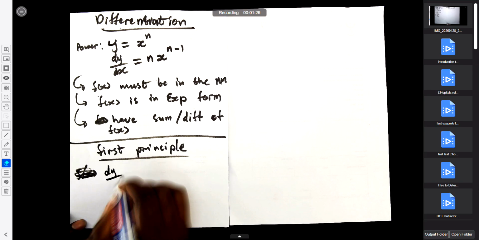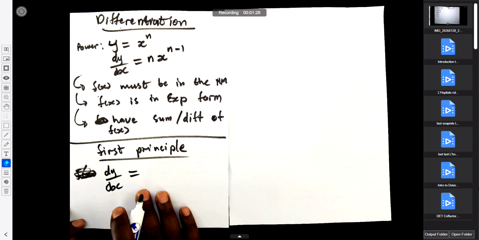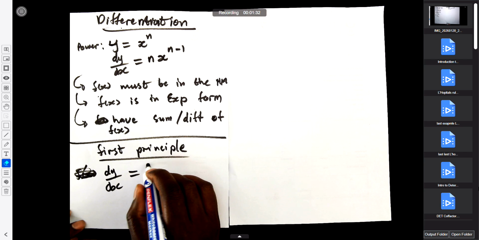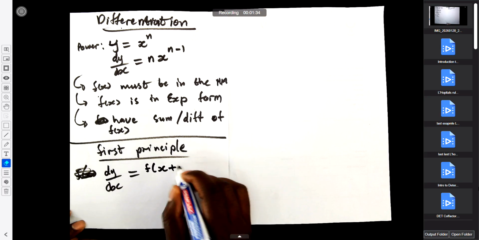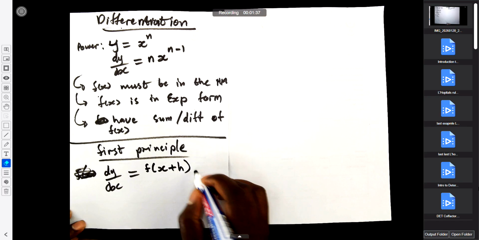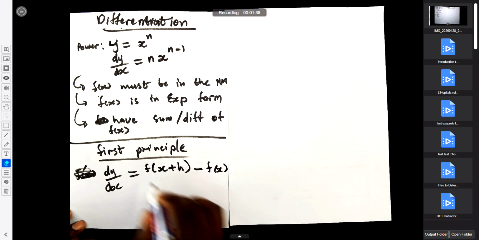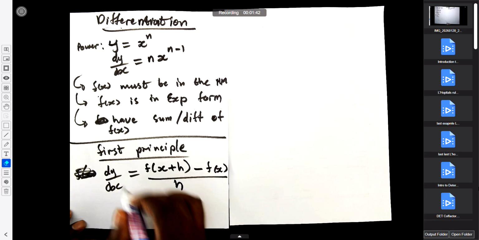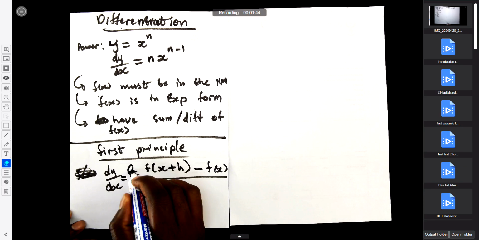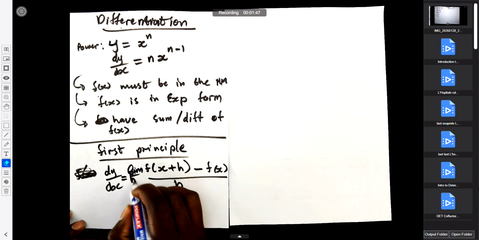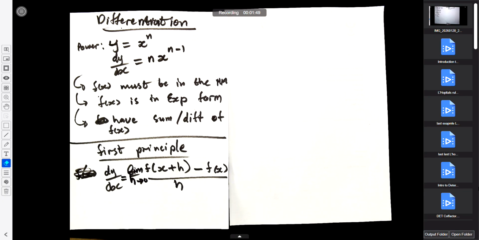If we had y, we will have dy over dx, which is going to be equal to the limit as h approaches 0 of: you substitute x plus h where there's x, and subtract f of x, all divided by h.